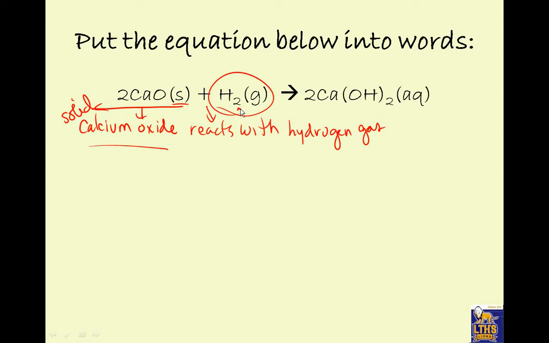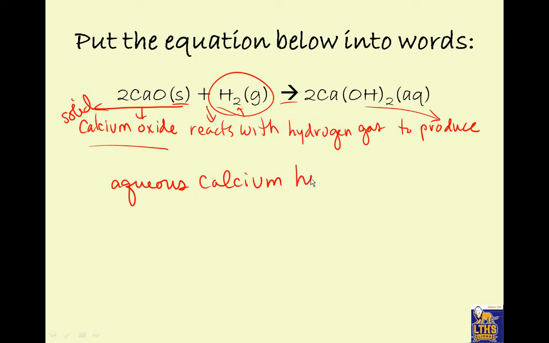Hydrogen's one of our diatomics, H2, so we just call it hydrogen. To produce, what part am I translating there? Arrow. To produce aqueous calcium hydroxide. All right, so all that stuff with naming and formula writing, you have to translate.